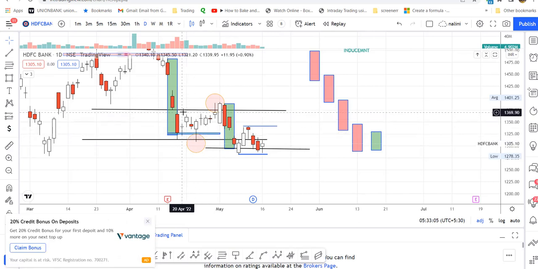And after that, you can see it started moving up 1, 2, 3, 4 candles, and this range was above 1375. The price went up to 1386, 1389 and 1391.5.